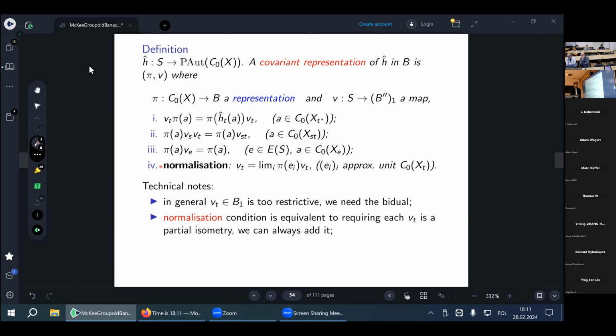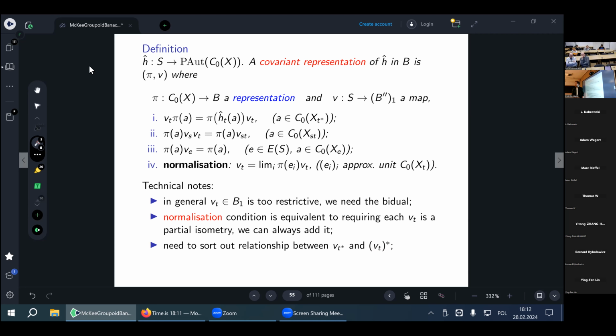And this condition turns out to be equivalent to VT being a partial isometry in Mbekhta's sense. So that's why we want this condition, because our inverse semigroup elements should be represented as partial isometries. So if VT is a partial isometry, then it has a generalized inverse, and we want it to be VT star.